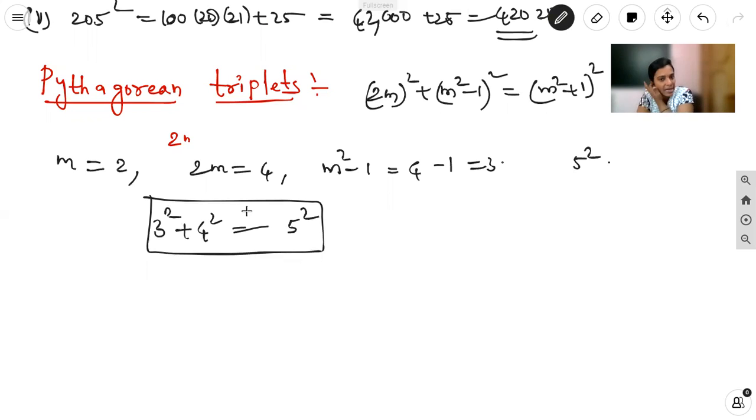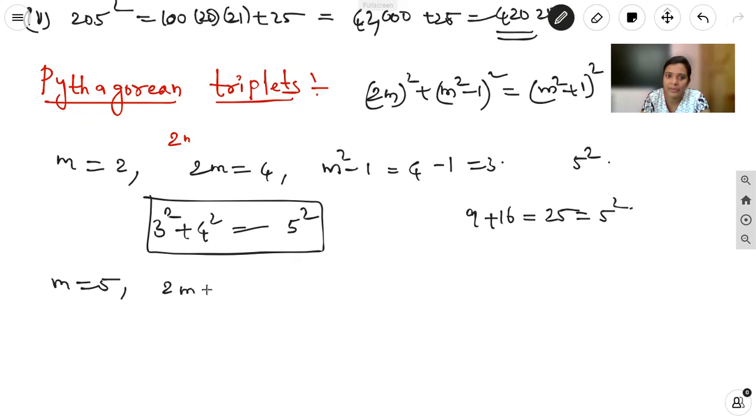Which numbers are satisfying the relation? Here, we can choose any value. 3 3s are 9 plus 4 4s are 16 equals 25, and 25 can be written as 5 square. Suppose m equals 5. Then 2m equals 10. m square minus 1 equals 25 minus 1, it's 24.